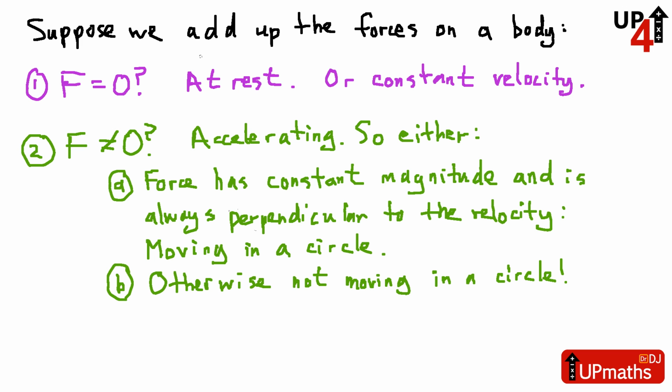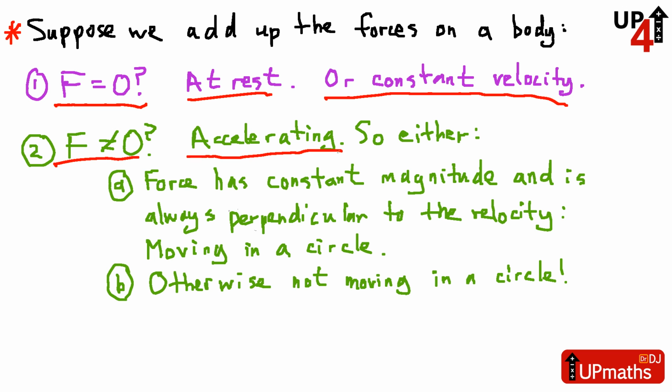What else have we got? Oh, this is the last page. We've kind of covered this already, but I like to cover this again because I think it's so important. Let's add up all the forces on a body. What if all the forces add up to 0? Then it's at rest, or it's at constant velocity. What if all the forces don't add up to 0?